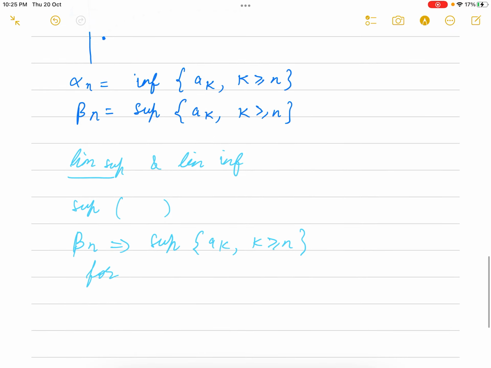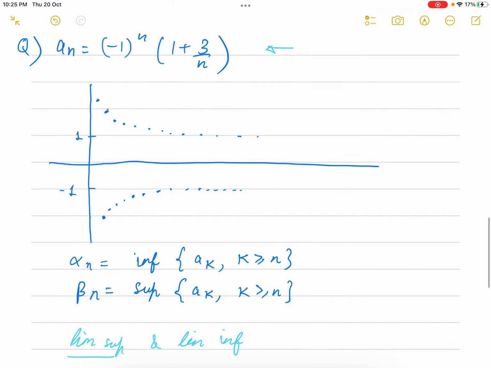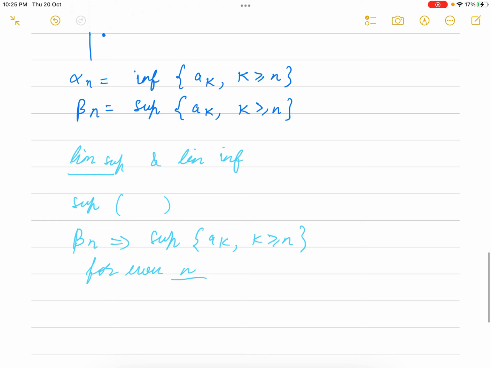for even values of n, we know that beta n is 1 plus 3 by n, and this is a decreasing sequence.